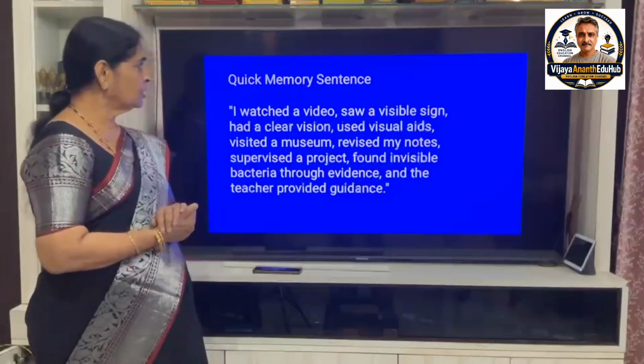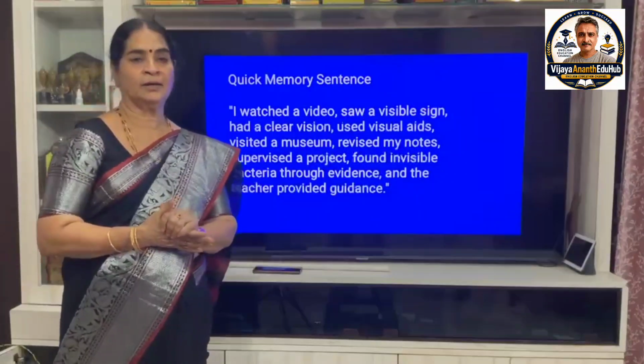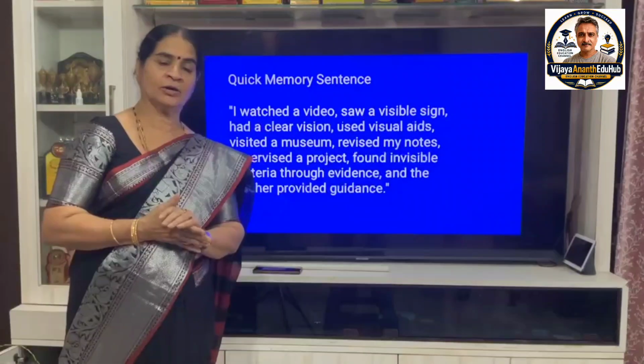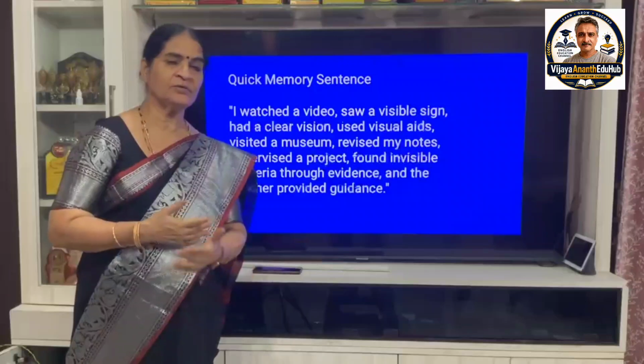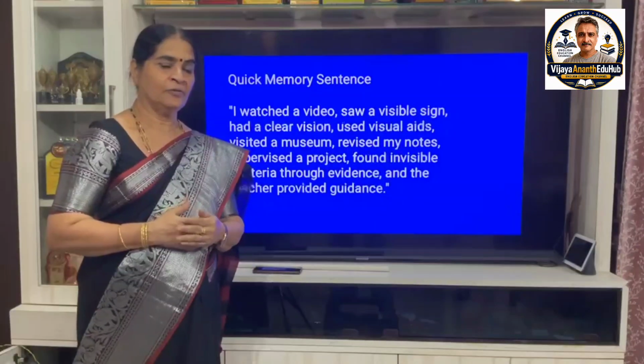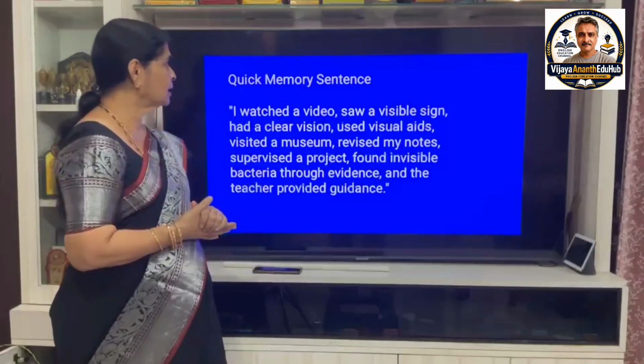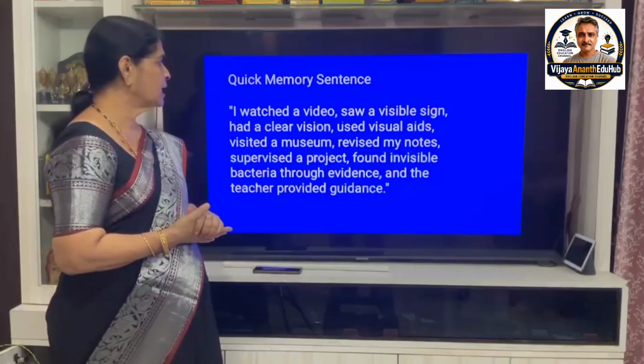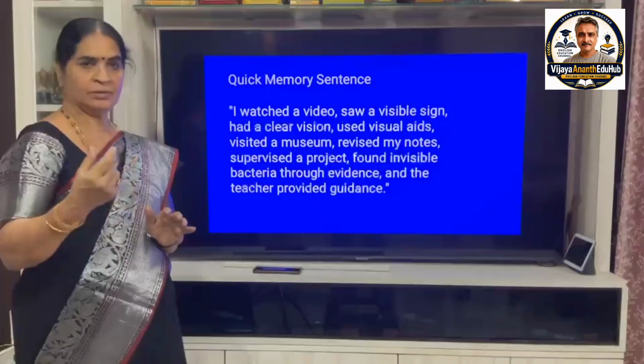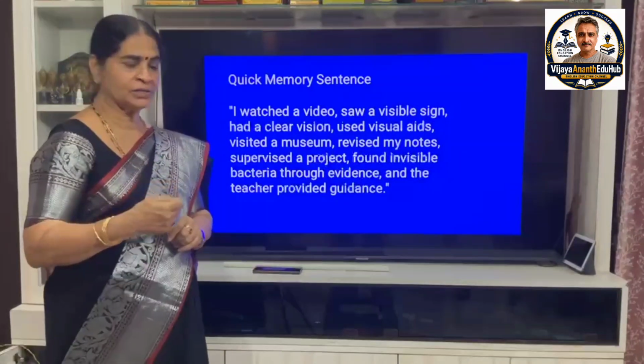So today's root is vid or viz. We have discussed some 10 words. For all these 10 words, I have prepared a memory sentence using the collocations.